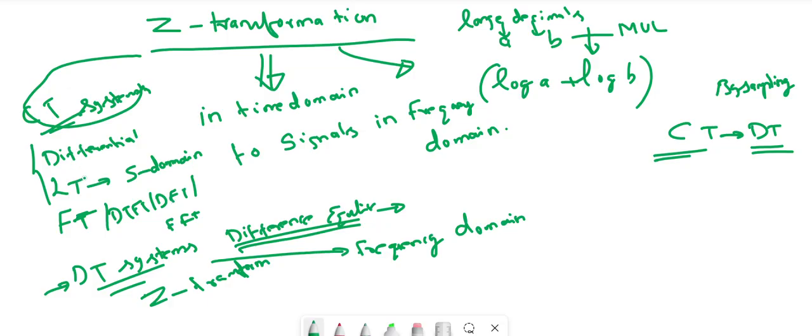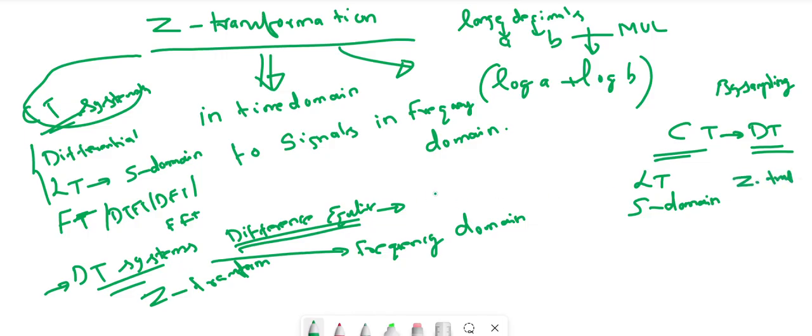To analyze CT systems in the time domain we use differential equations, which are very complex, so we use the Laplace transformation, the S domain. For DT systems, instead of the difference equation, which is very complex to analyze, we transform using the Z transformation.